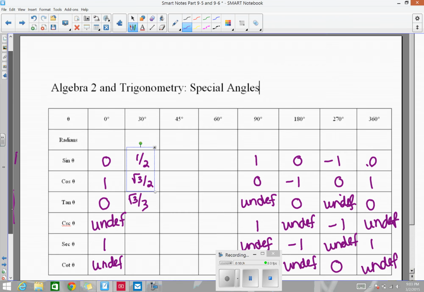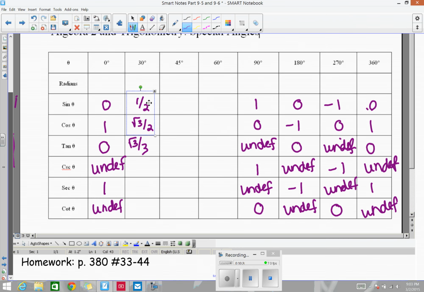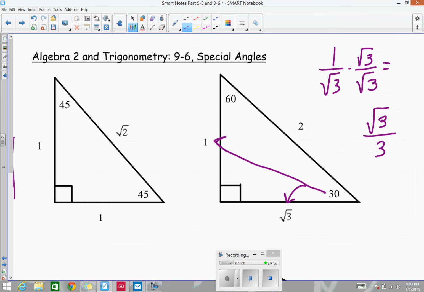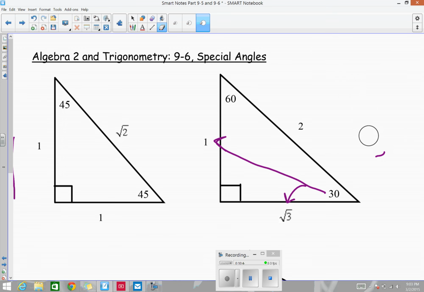Now take the reciprocals. Reciprocal of 1/2, 2. Reciprocal of square root of 3 over 2 is 2 over the square root of 3. And just like here, it was square root of 3 over 2. So reciprocal is 2 over the square root of 3.